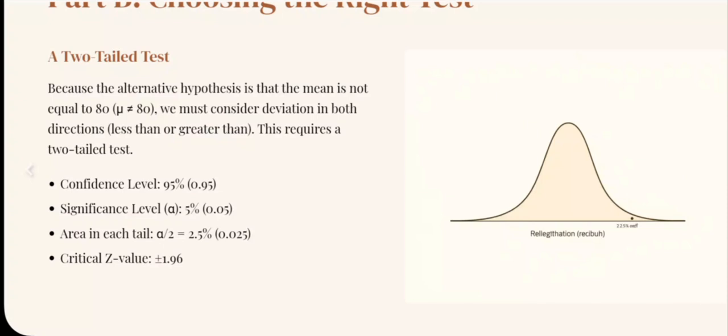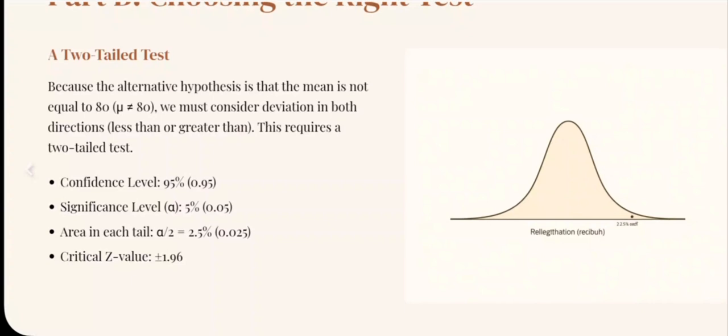So let's draw a normal distribution, and we're going to shade the area to the left and the area to the right. Now the confidence level is 95%, so that's 0.95, which means the area of the shaded region is 0.025 on both sides.